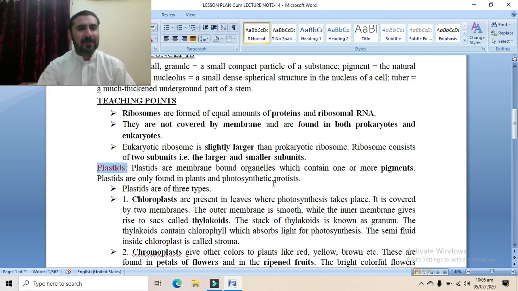Those protists which are plant-like have photosynthetic pigments, they have proper plastids, and they are capable of synthesizing their food through photosynthesis. So those are called photosynthetic protists. So the plastids are only found in plants and photosynthetic protists.